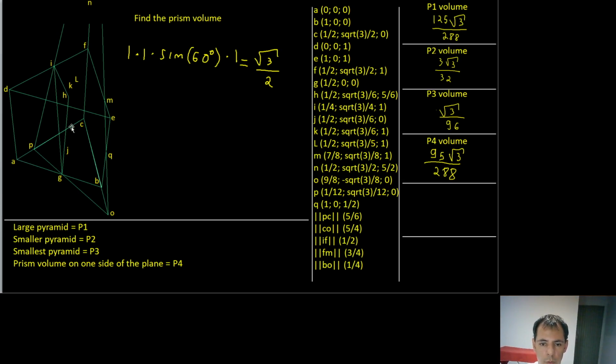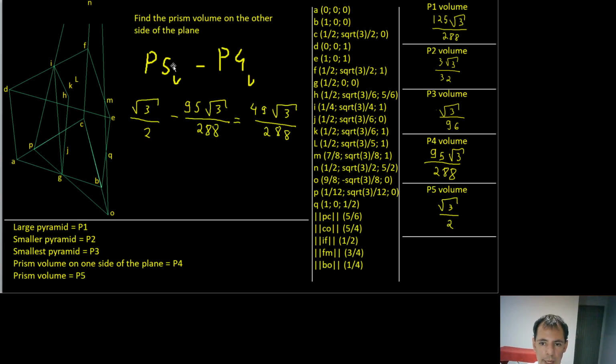So it's just going to be 1, which is this edge, times 1, which is this edge, times the sine between them, which is square root of 3 divided by 2. You would have to divide that by 2 again to get square root of 3 divided by 4. And you multiply by the height, which is 1. Okay, so you have the volume of the prism.